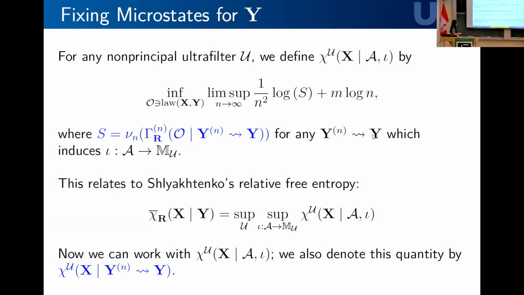Y is a tuple of generators for A. There are no assumptions on A other than it's a separable subalgebra of M. This is independent of my choice of Y, so you can do whatever you want to do.